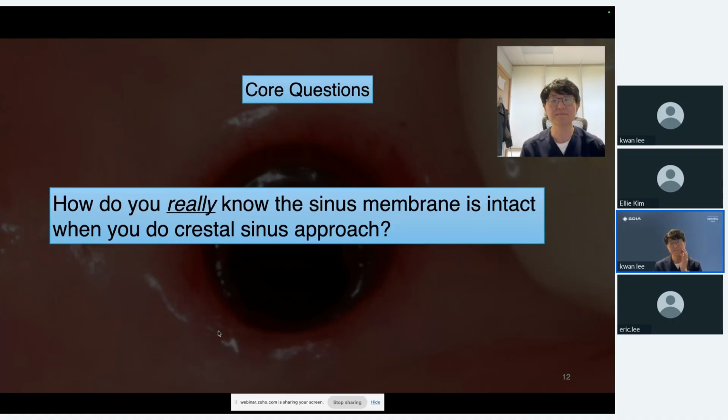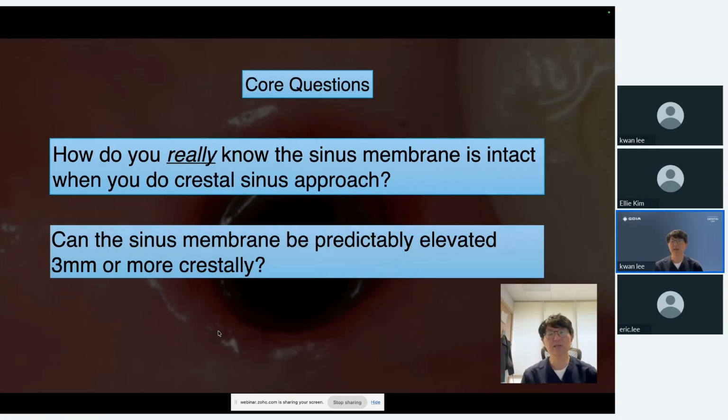How do I know? Second question was, can I elevate the membrane 3 millimeters or more crestally? Look at the 3 millimeters. Any crestal sinus elevation between 1 and 2 and up to 4 is very, very predictable. You don't really have to worry about perforation, because the membrane itself has the ability to heal over itself. So between 1 and 2 and 3, let's keep it safely 3 millimeters.